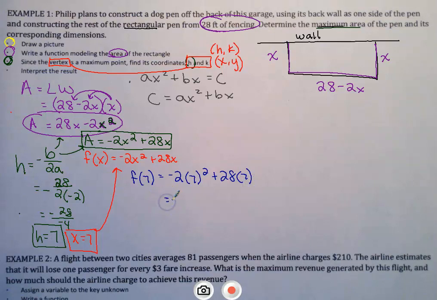So this is going to equal negative 2 times what? 49? And what's 28 times 7? 196. Okay.